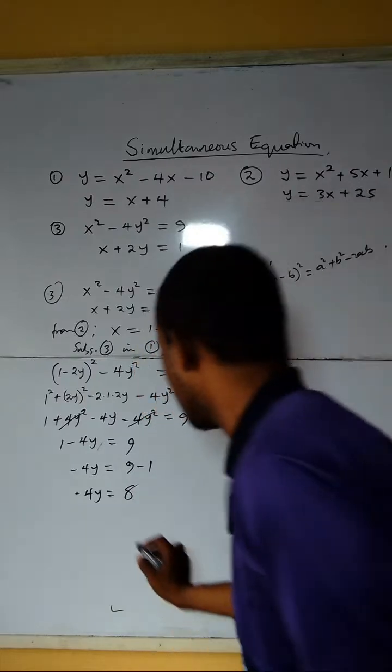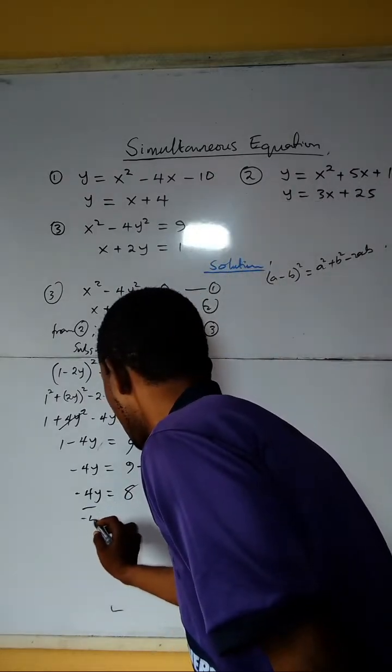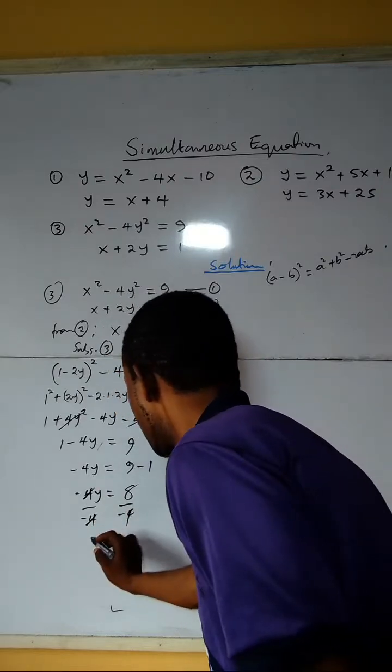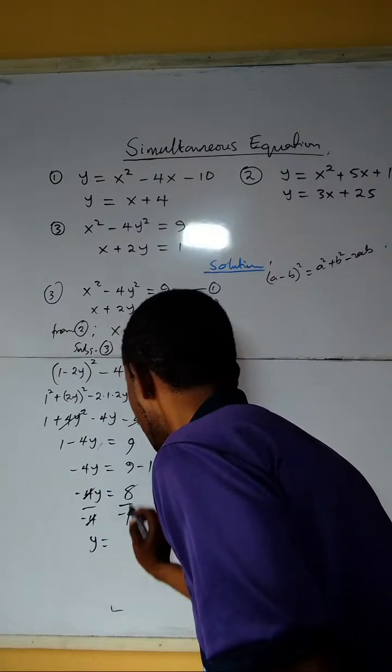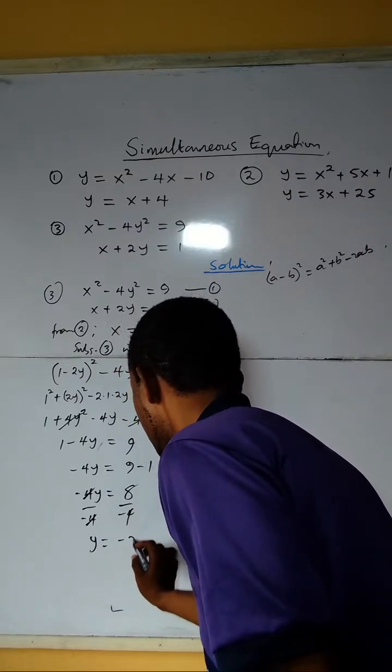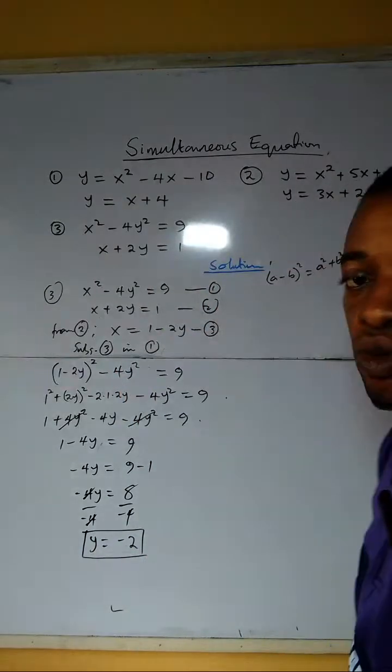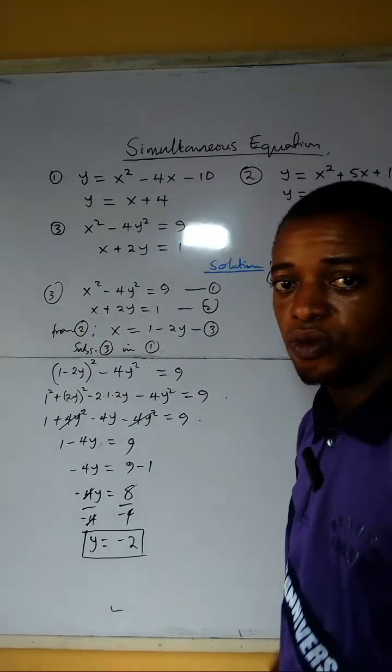So here divide both sides by minus 4 to get y. Here minus 4 cancels out, and we have y equals to 8 over minus 4, that's minus 2. So we have y equals to minus 2, which implies we have just one value of y.